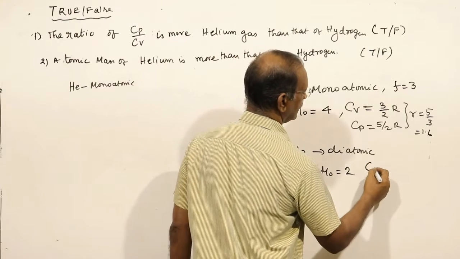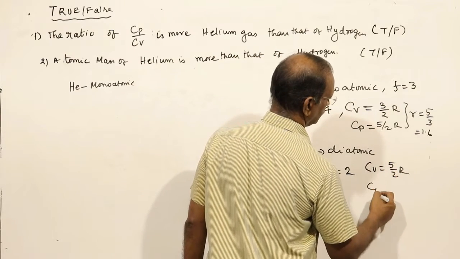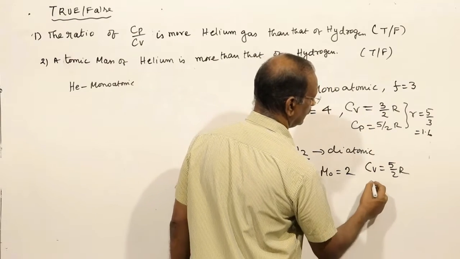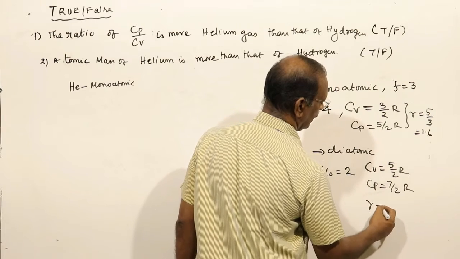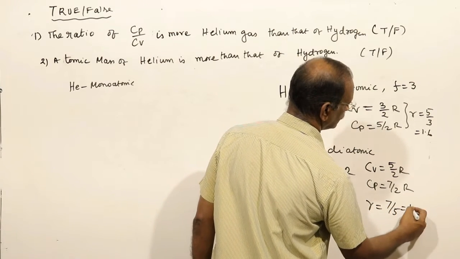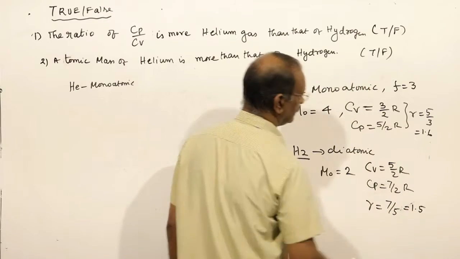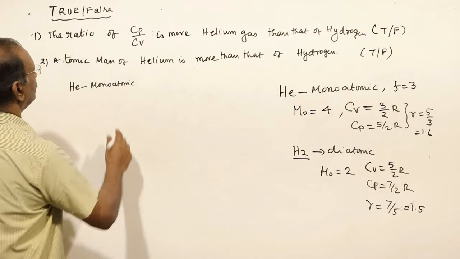And for hydrogen, Cv is equal to 5 by 2 R, Cp is equal to 7 by 2 R, and gamma is equal to 7 by 5, whose value is 1.4.